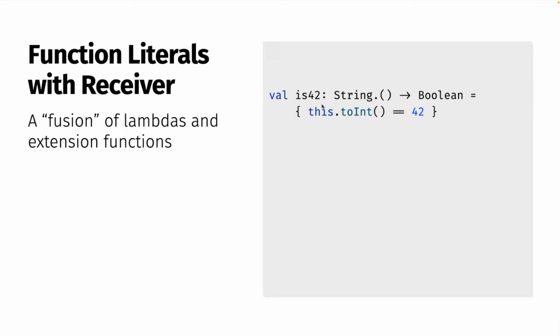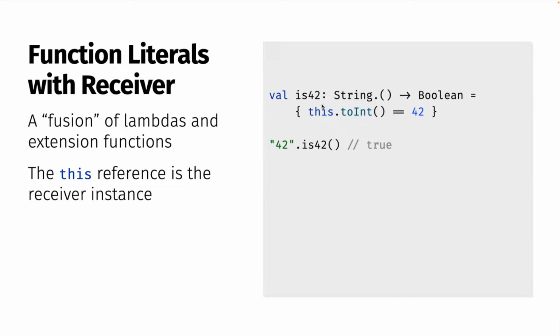So we are creating this function is42 that can be called on a string. And we can just use it like this. We have the string 42, and we can call is42 on it, and it's going to return true. Inside the body of this lambda, this is, again, the instance on which we're calling is42.